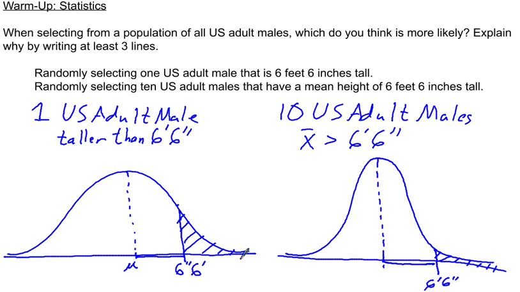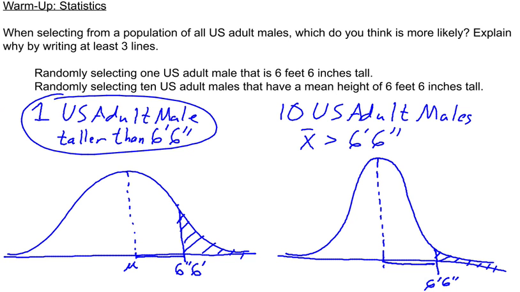So it's more likely to have one single U.S. adult male taller than 6 feet 6 inches than to have a sample of 10 with a mean taller than 6 feet 6 inches. So today we're going to look specifically at those probabilities and how to find them.